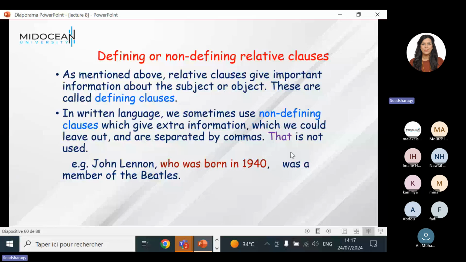That is not used. Example: John Lennon, who was born in 1940, was a member of the Beatles. So here we give extra information, as you see here. You have two commas here around who was born in 1940. So this is extra information, and this is an example of non-defining clauses.